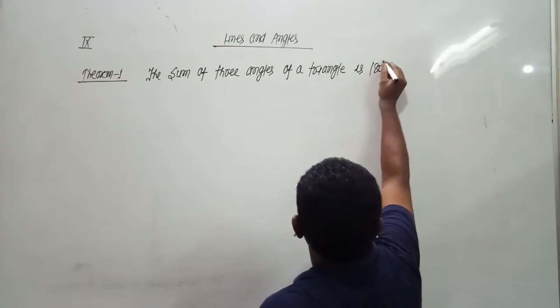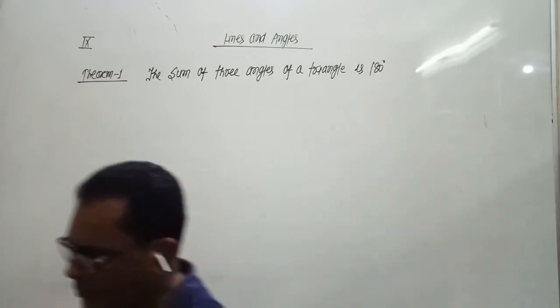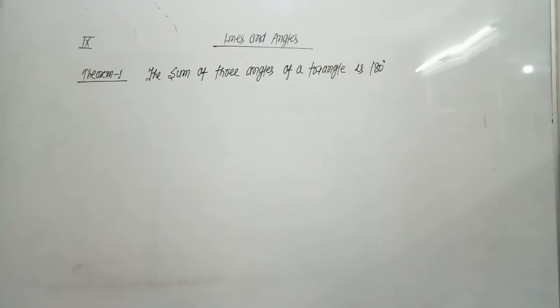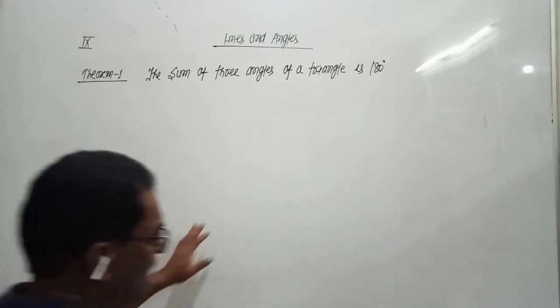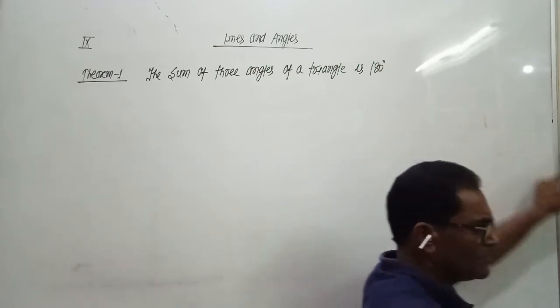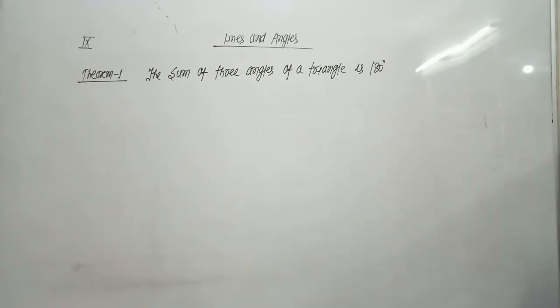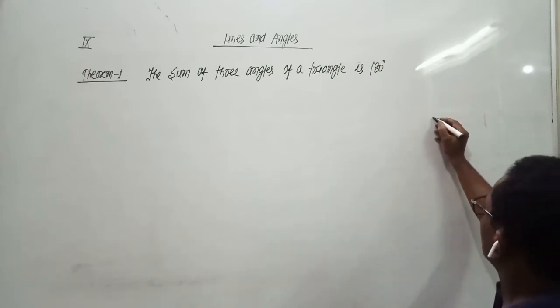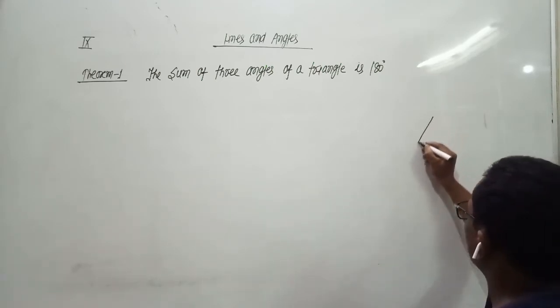To prove any theorem, firstly we will have to draw the diagram, then write the given condition, then to prove. So we draw the diagram of a triangle.